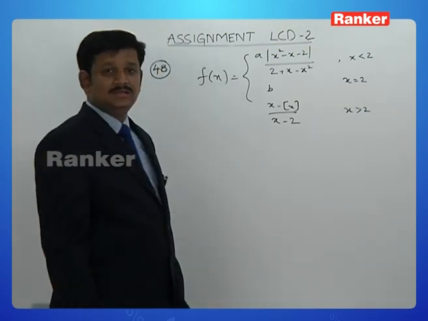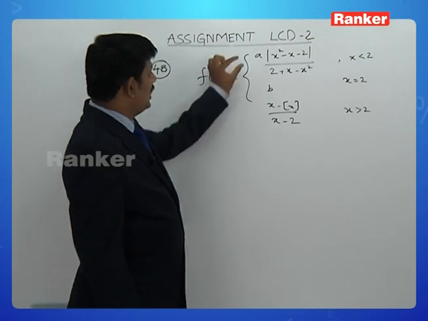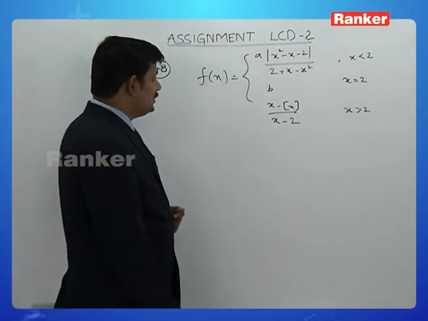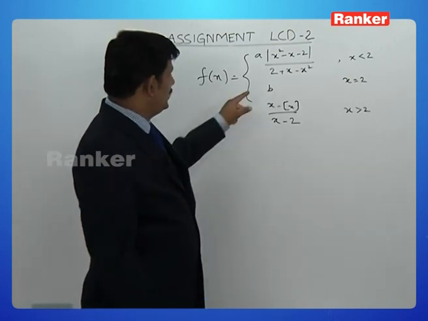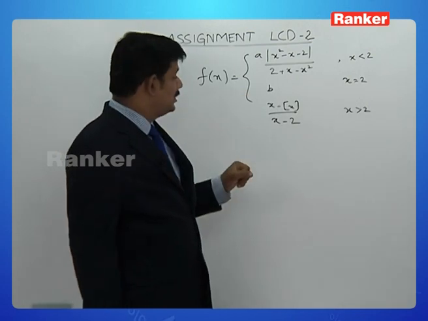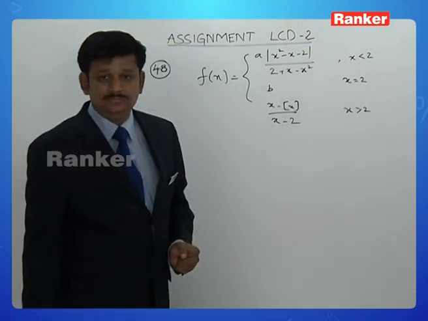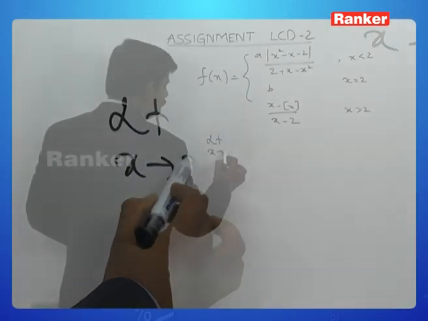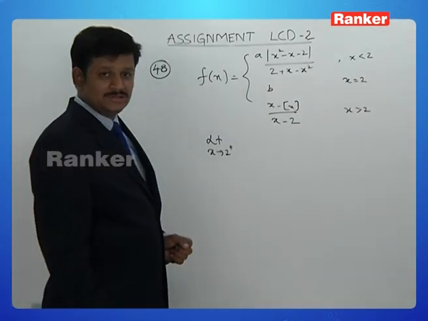For the function to be continuous at 2, f of 2 should be same as the left hand limit at 2, which should be same as the right hand limit at 2. Let us observe the right hand limit at 2, limit x tending to 2 plus.